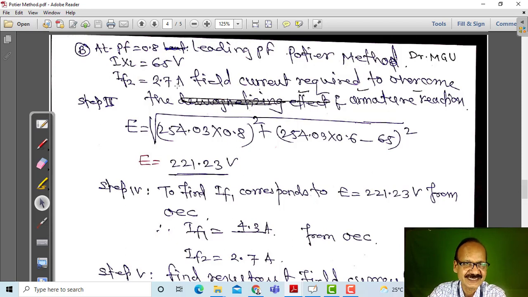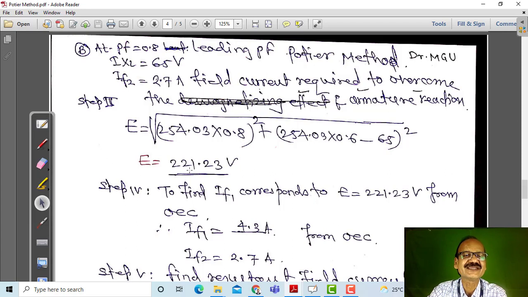Now find out the E, that is square root of (VPH cos phi plus IARA, but IARA is 0) whole square plus (VPH sin phi minus IAXL) whole square. Earlier during the lagging power factor it was plus IAXL, plus 65.